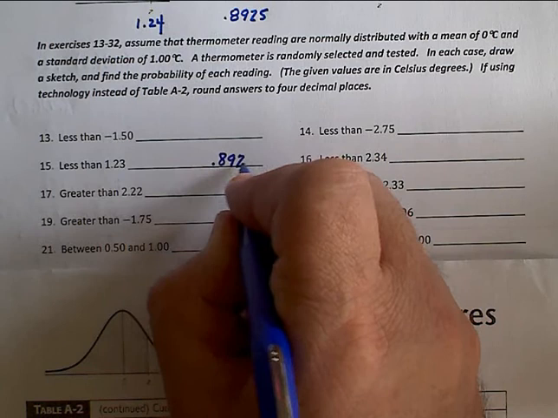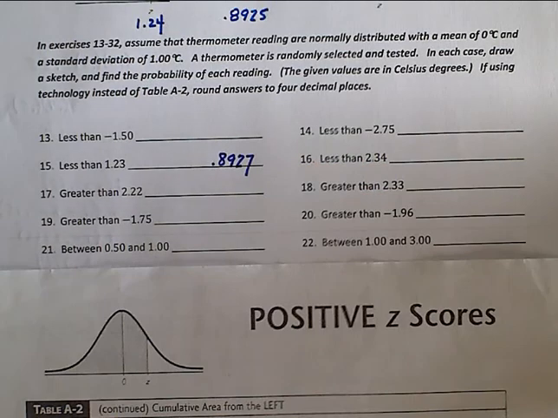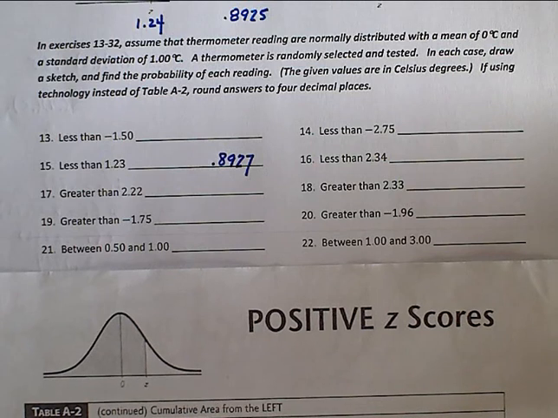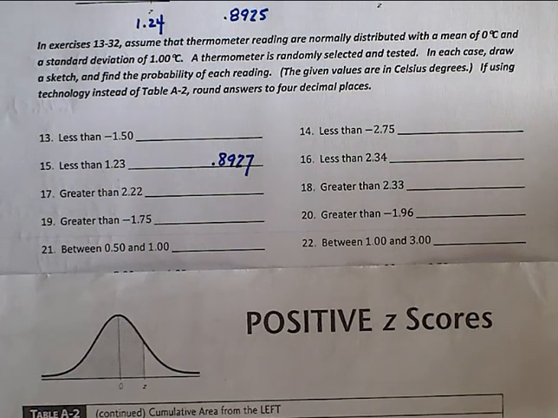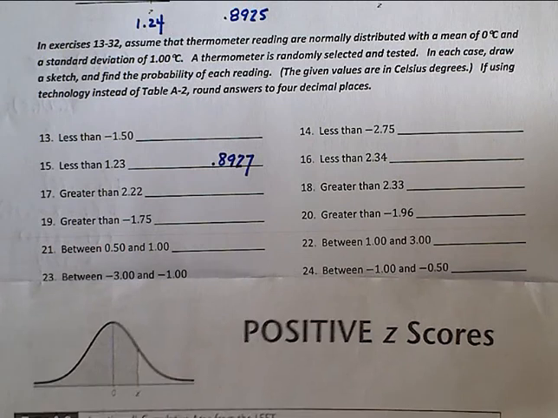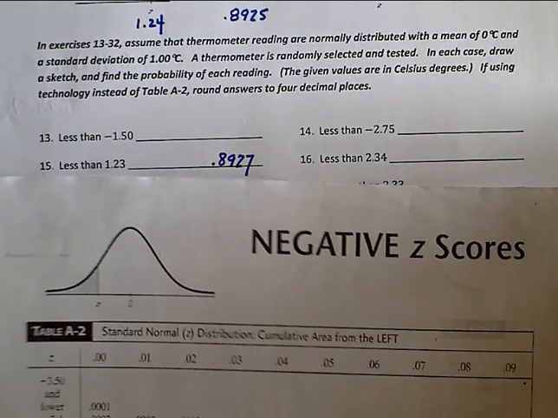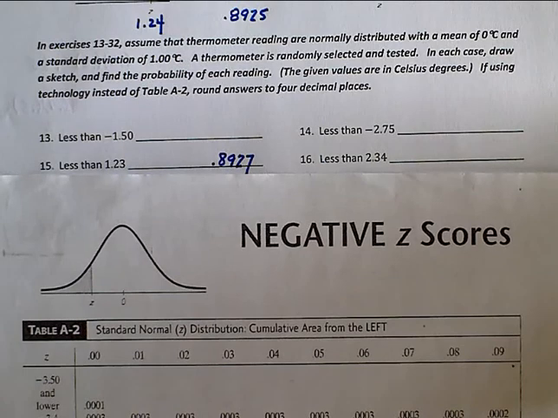Write it down. Less than, that's all you have to do. Remember, for greater than, the first thing you do is subtract from 1. So number 20, negative 1.96. When I look that up, I get 0.025.